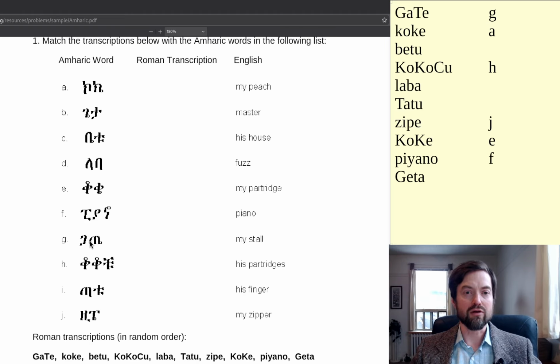And so we can now apply that to the next unknown word, and it seems to be the best match. It seems to be here with B. And look, there's that little circle at the bottom for the A vowel, and it's geta. So that fits very well. And so we can mark that in.